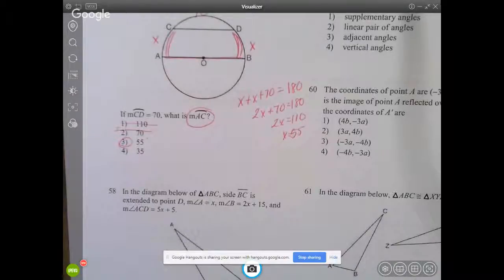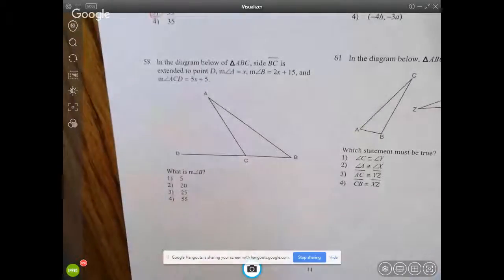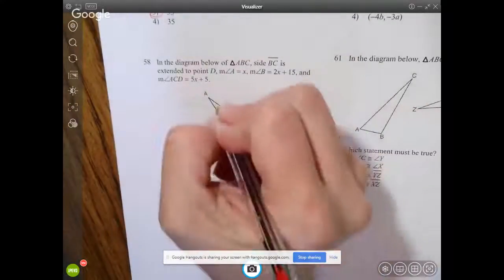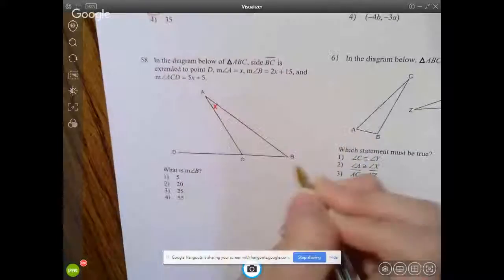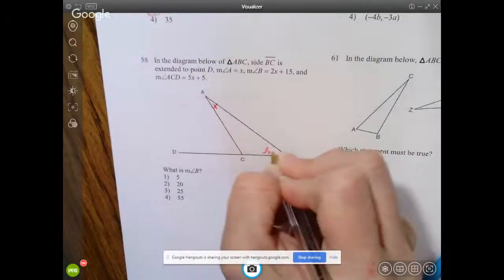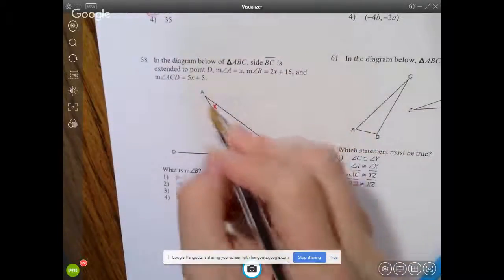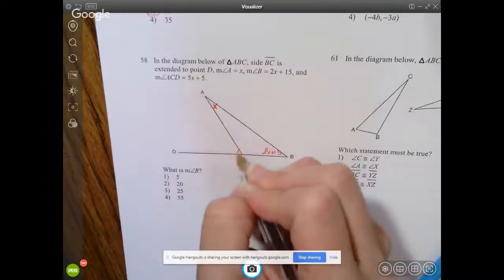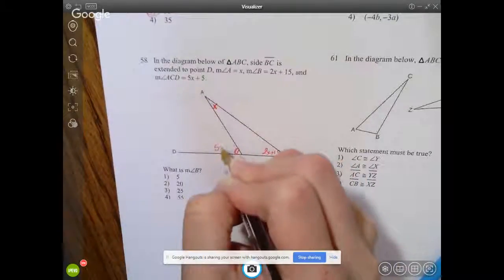Okay, the next one. In the diagram below of triangle ABC, side BC is extended to point D. Then it gives us these measurements. The measure of angle A is x. The measure of angle B is 2x plus 15. The measure of ACD outside is 5x plus 5.